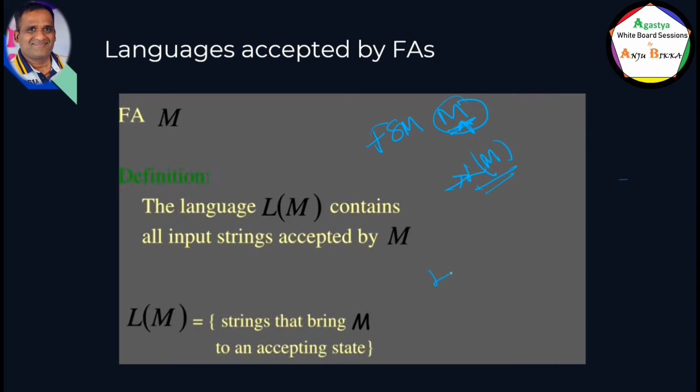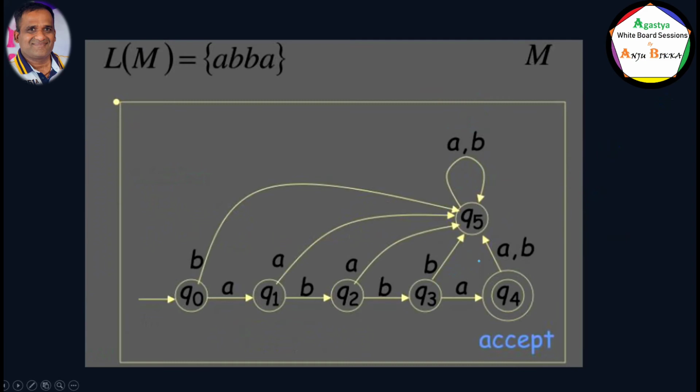Then how is L of M defined? L of M is nothing but all the strings accepted by M. So if M is a finite state machine, then L of M is a regular language.